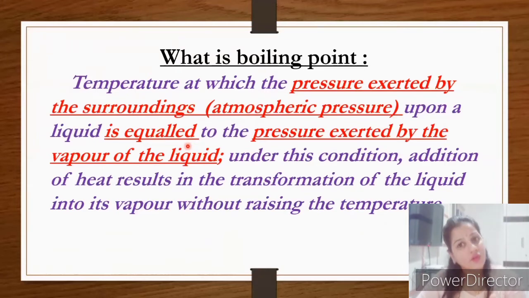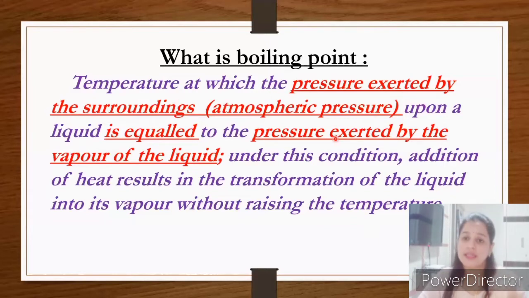Because for a volatile solute, the liquid molecules get converted into the gaseous phase, and when they do, they collide among each other and create a pressure, which we call the vapor pressure.